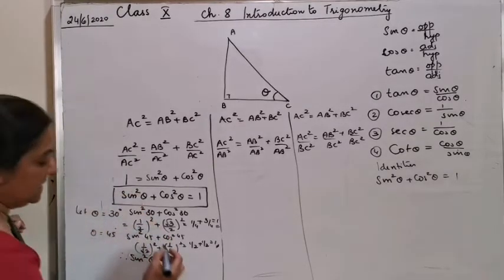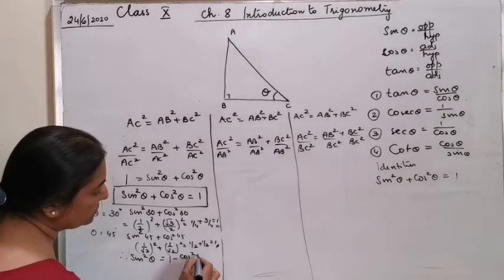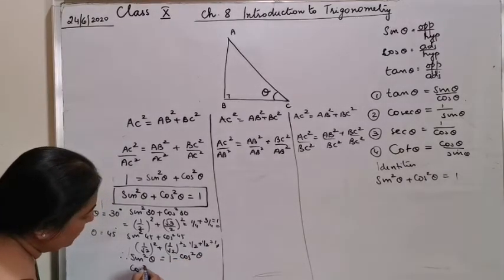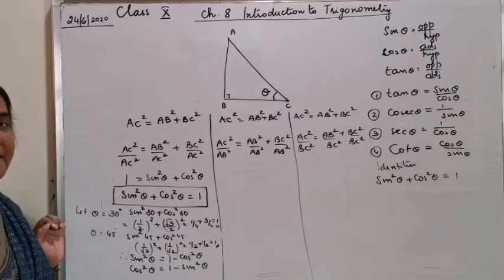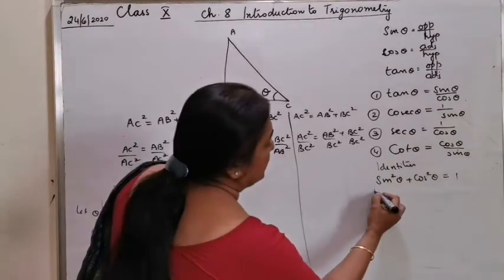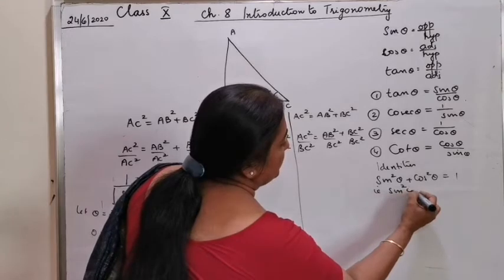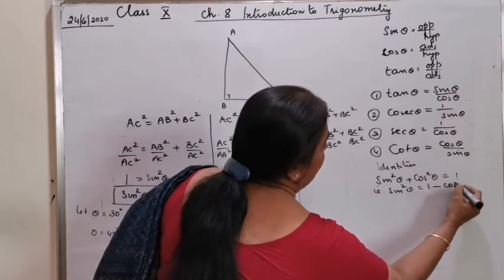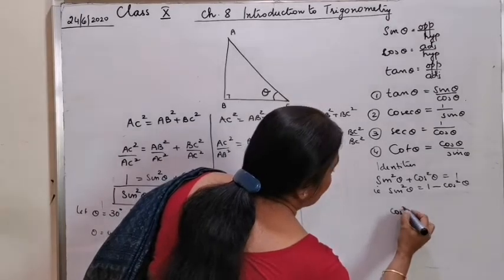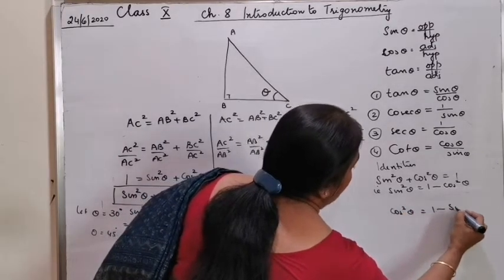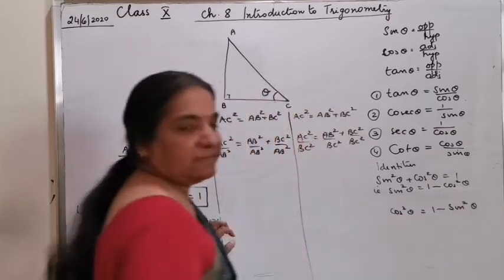Sine square theta is 1 minus cos square theta, or cos square theta is the same as 1 minus sine square theta. That is, sine square theta is the same as 1 minus cos square theta, and cos square theta is the same as 1 minus sine square theta.